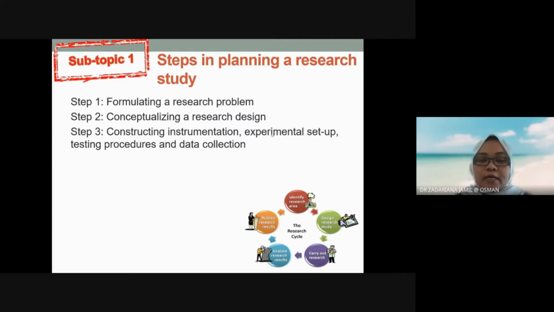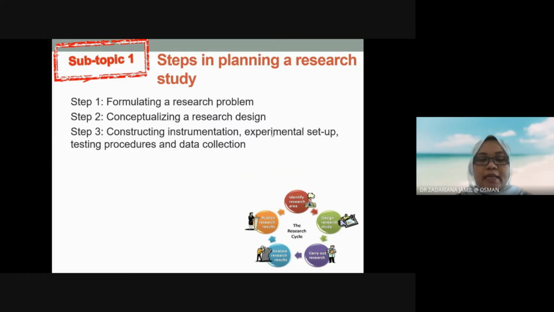You need to find what instrumentation you need to use for your research. What is the experimental setup, what is the procedure, what is the software, and what kind of data collection you need to do for the research.